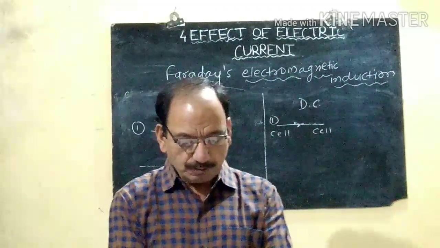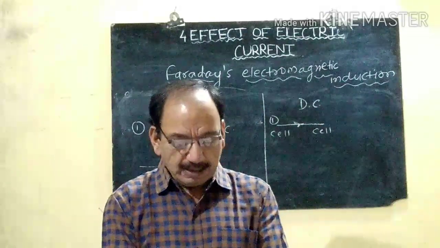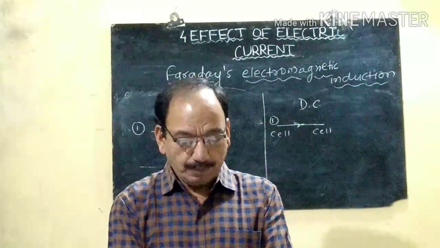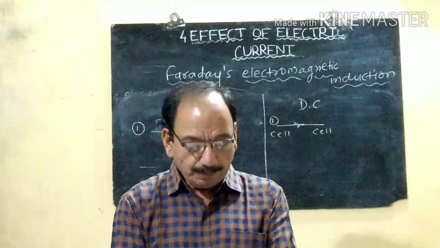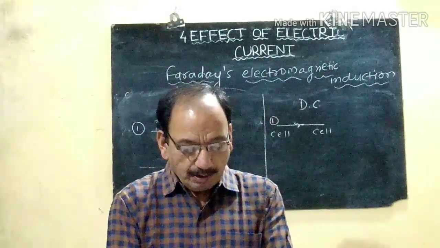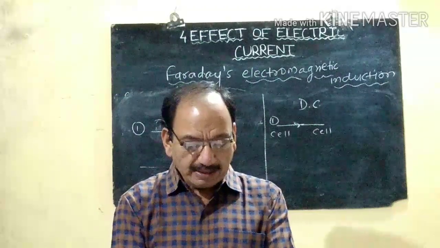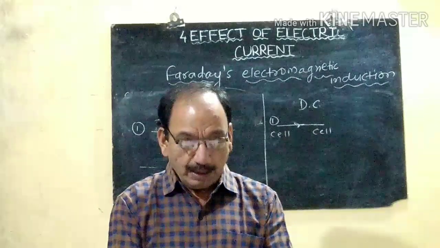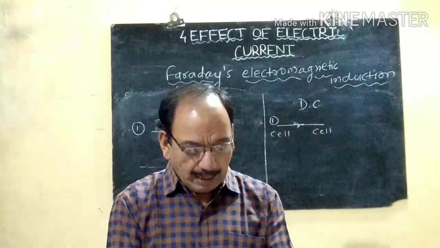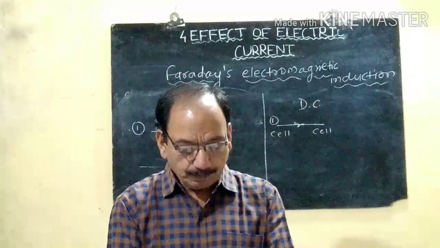We can also reduce it, but it is not oscillatory. The alternating current is oscillatory: it increases to a maximum and reduces to zero, then increases to a maximum in the other direction and again reduces to zero.